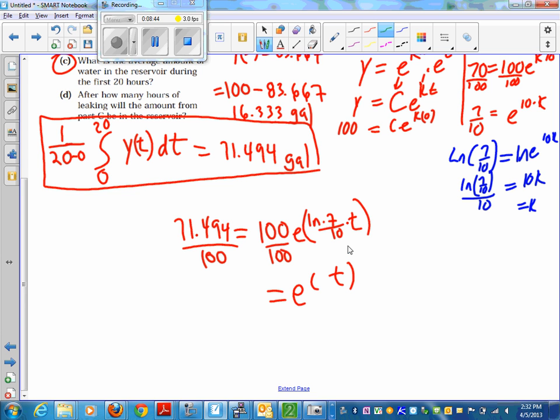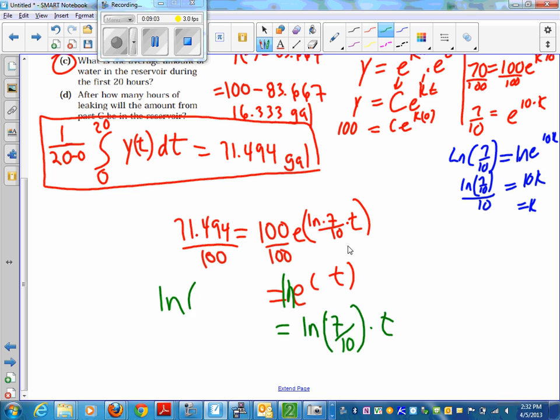Well, we're simply going to take the natural log of both sides. If we take the natural log of both sides, we're going to get that we have the natural log of 0.7 divided by 10 times t.